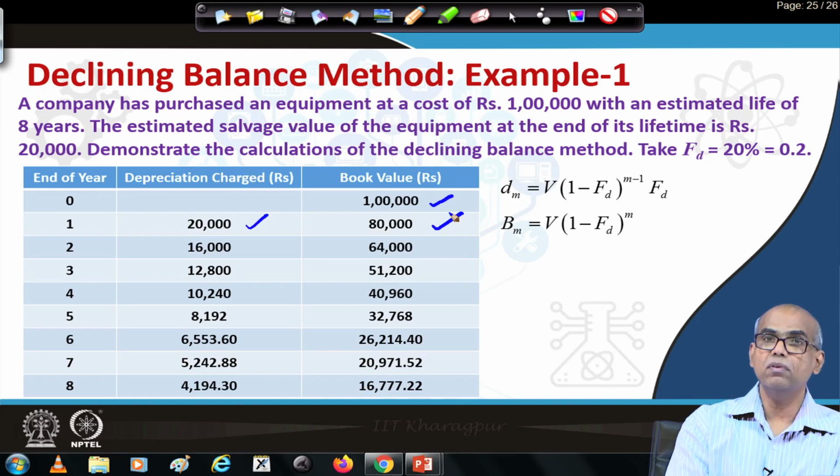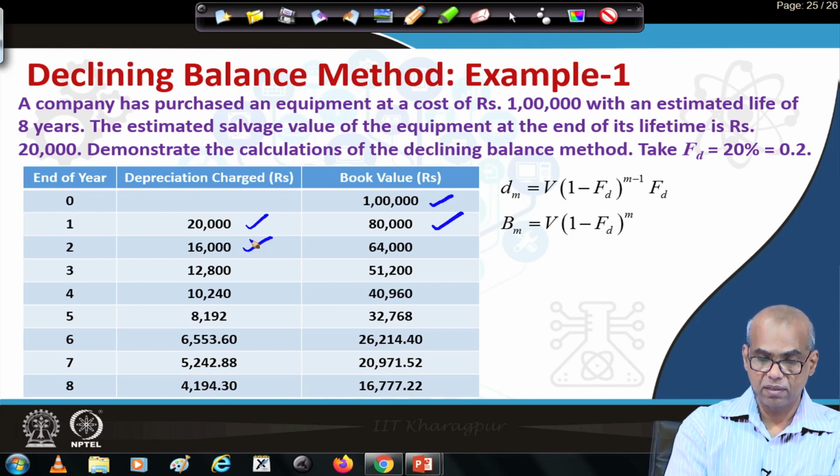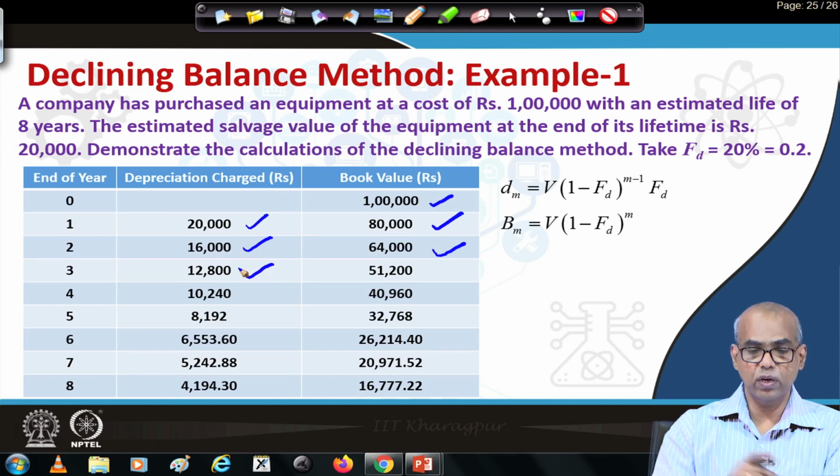Again 20% of 80,000 means 16,000 you charge at the end of the second year. So, 80,000 minus 16,000 is 64,000, becomes the book value in the second year. In the third year again you charge 20% of 64,000, which is 12,800, and so on and so forth.